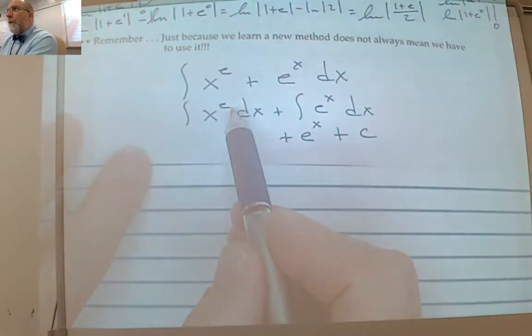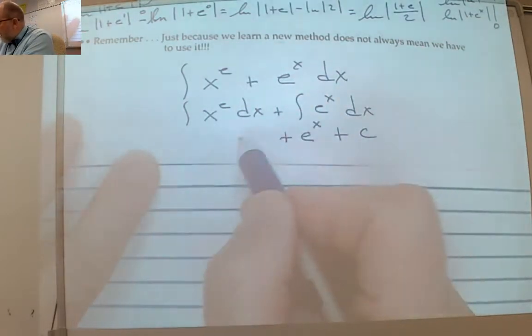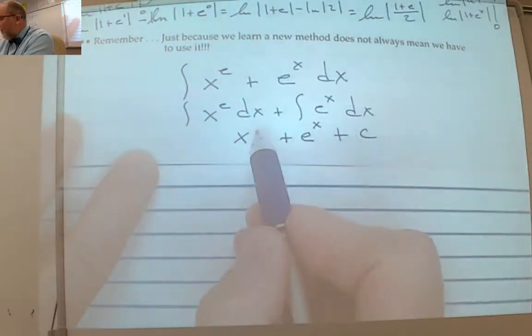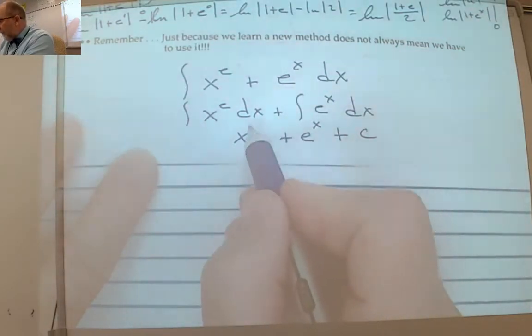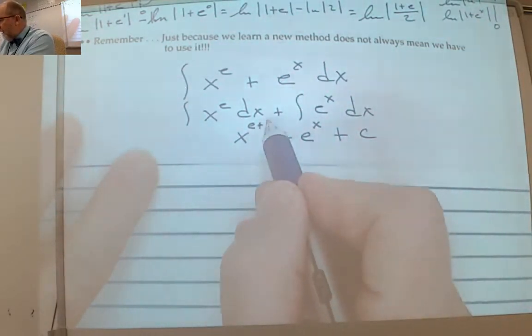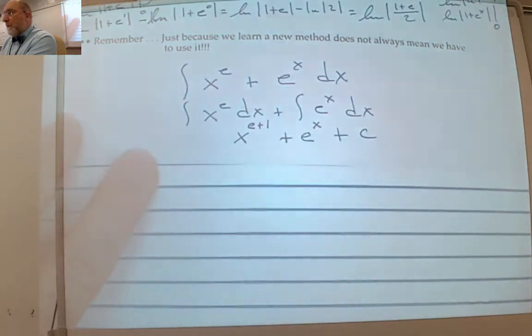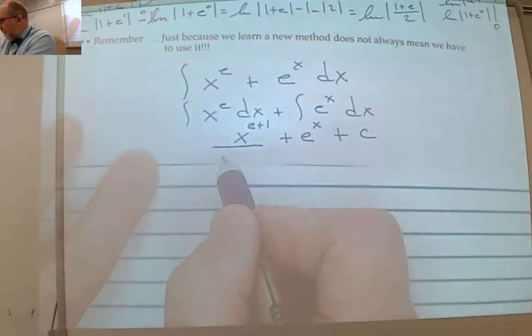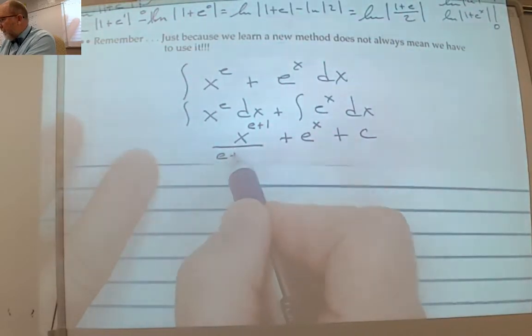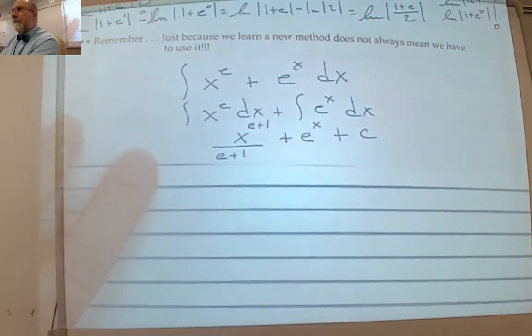You have to reverse the what? So that's going to be x. To reverse the power rule, this exponent changes to what? Plus 1, the constant. So it's e plus 1? And then what do you do? Divide by the new exponent, e plus 1. Or multiply by the reciprocal, correct? Yeah. You're done.